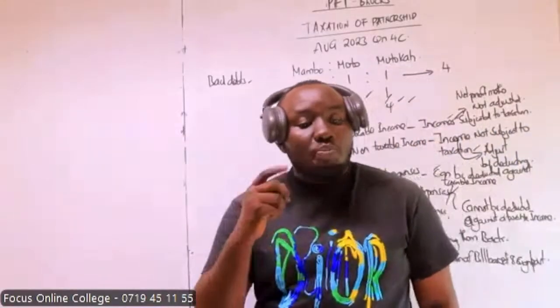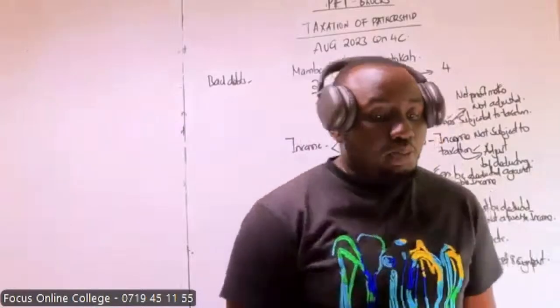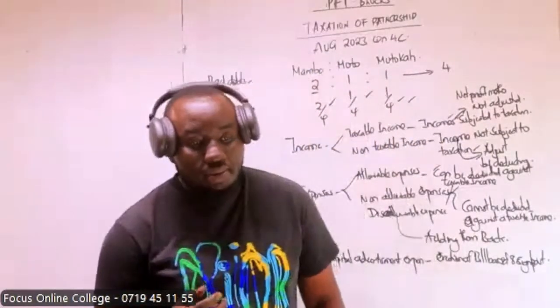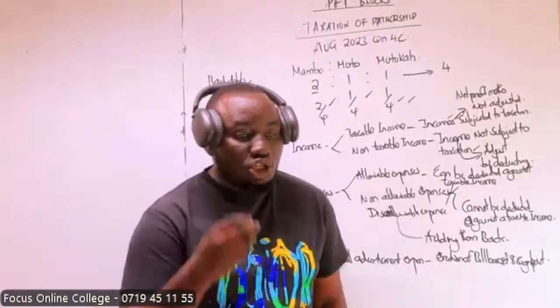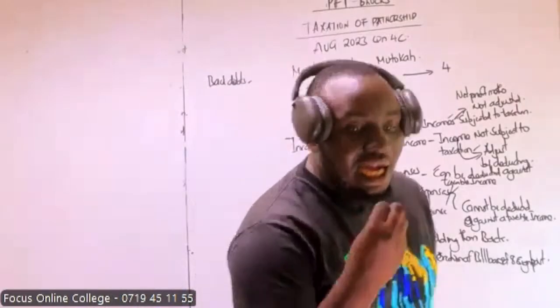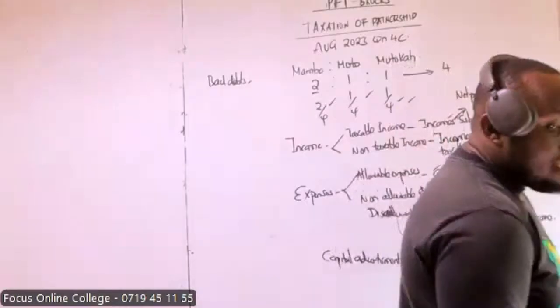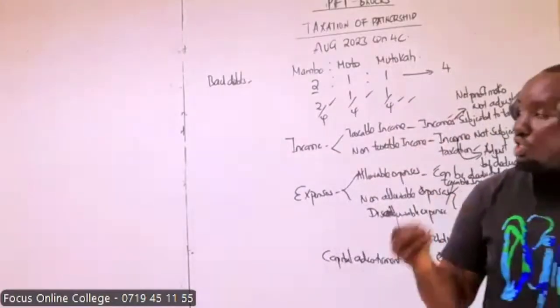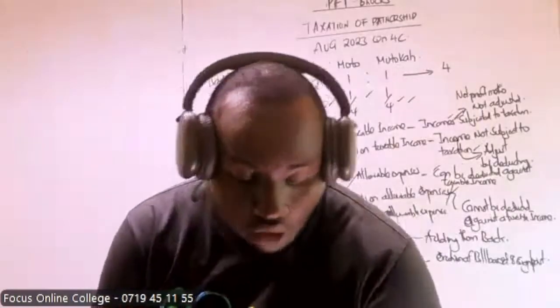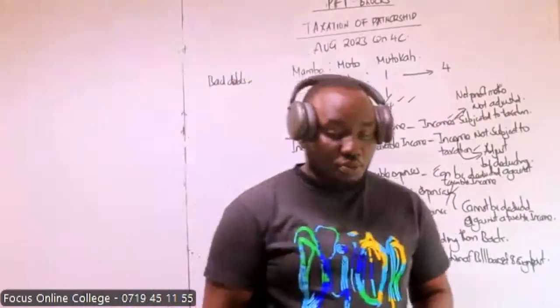However, salaries to partners, do you think it should be allowable or non-allowable? Remember, this is partnership. All salaries to partners is non-allowable. However, salaries to staff, we are going to treat as allowable expense.